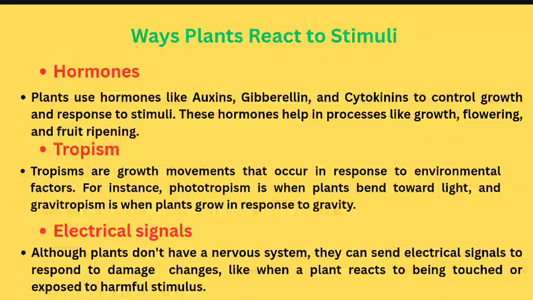Okay, now we come to the third way to coordinate, that is electrical signals. So plants can also coordinate through electrical signals, that you have already seen in the last example of your videos.